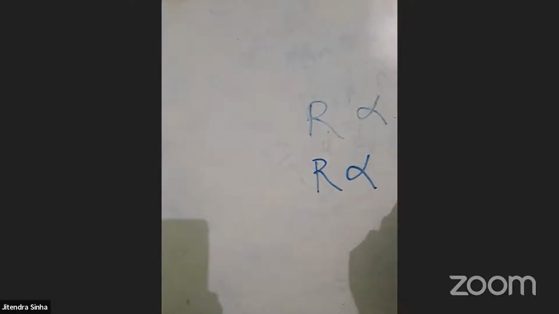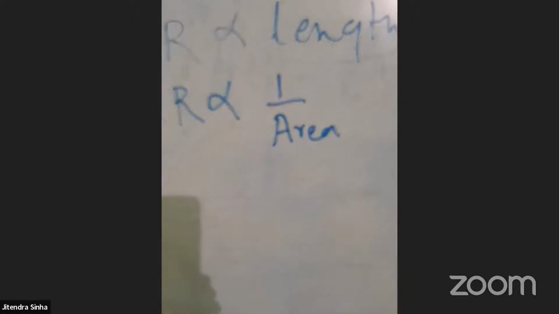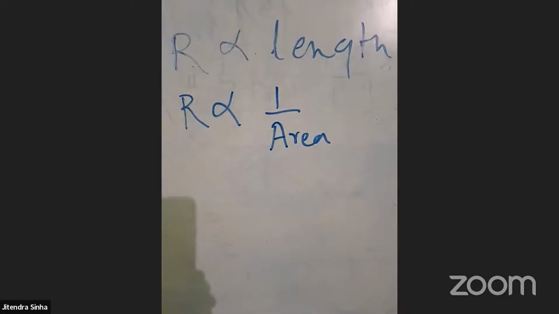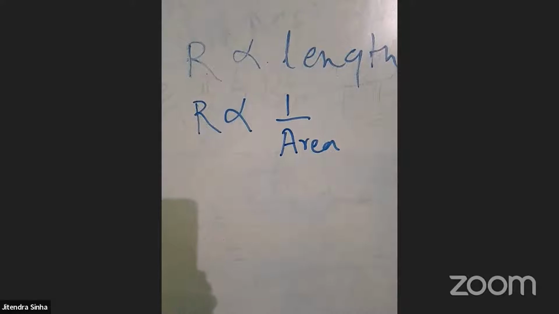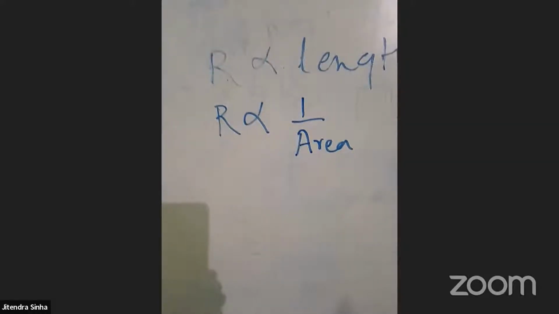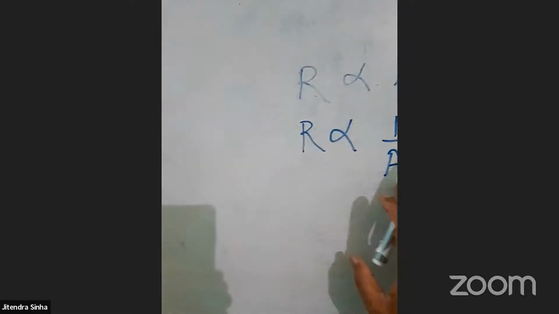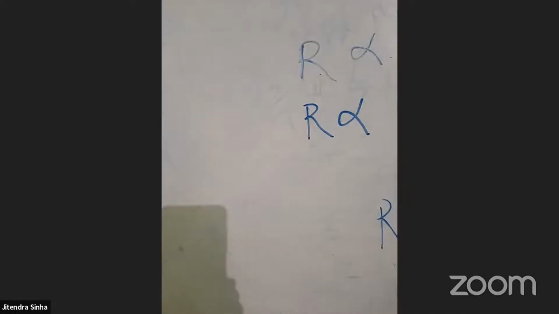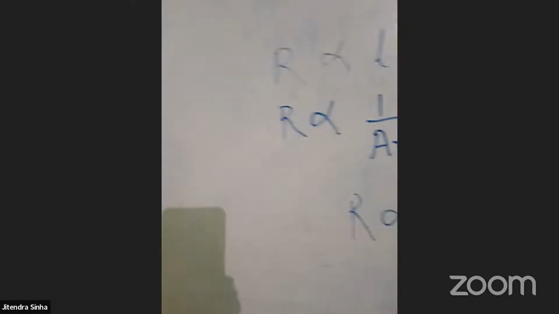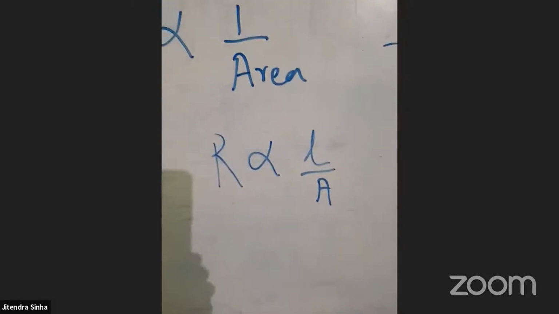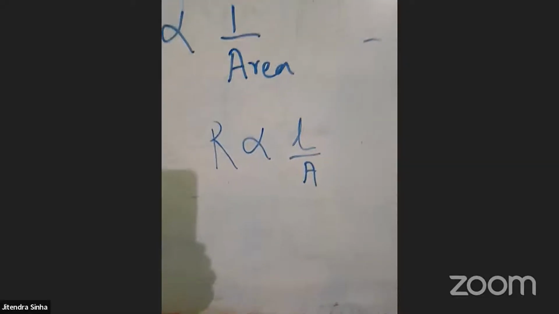Then the second factor, R is inversely proportional to area, that is, the cross-sectional area, or we can say the thickness. यहाँ हम कह सकते हैं जो thickness of the wire है, conducting wire, वो ज्यादा बढ़ेगा तो आपका resistance कम होगा. This is the relation between them. And from this 1 and 2, we can say that R is directly proportional to L by A. ठीक है? Length पर direct proportional है and cross-sectional area, that is the thickness, पर inversely proportional.